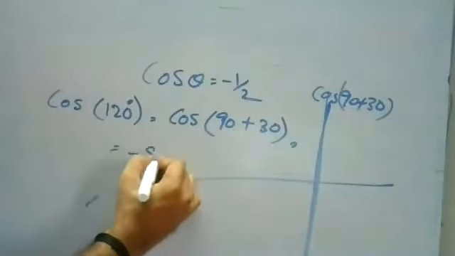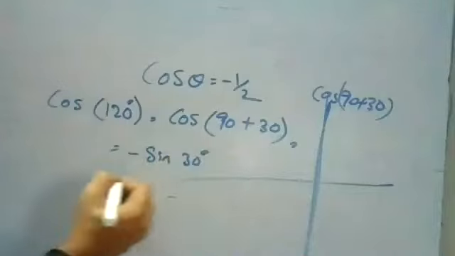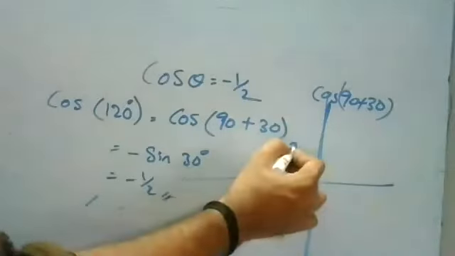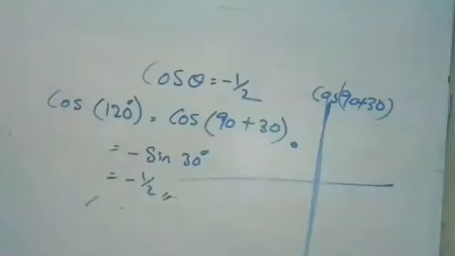So it is minus sine 30 degrees, which is minus 1 by 2. So theta is equal to 120 degrees. We have to consider the second quadrant because it is the negative term.